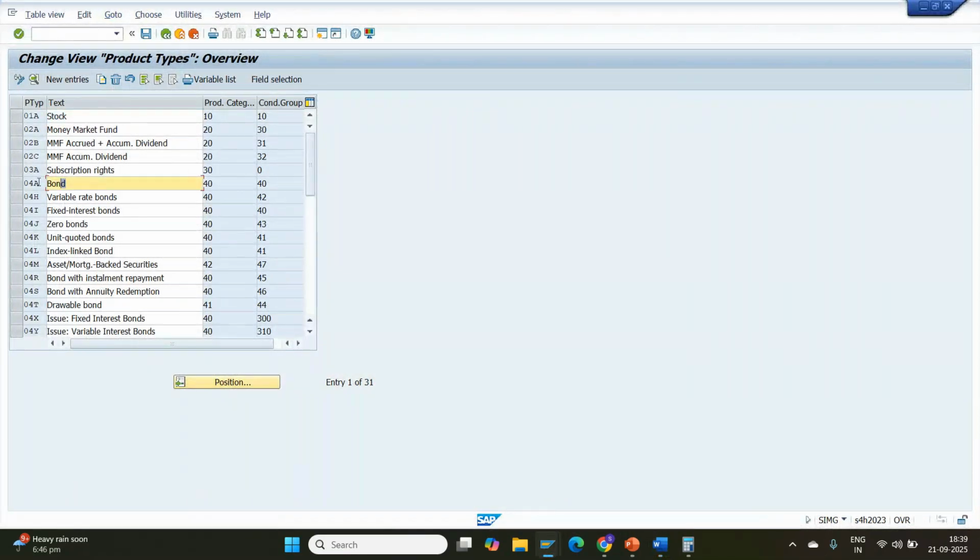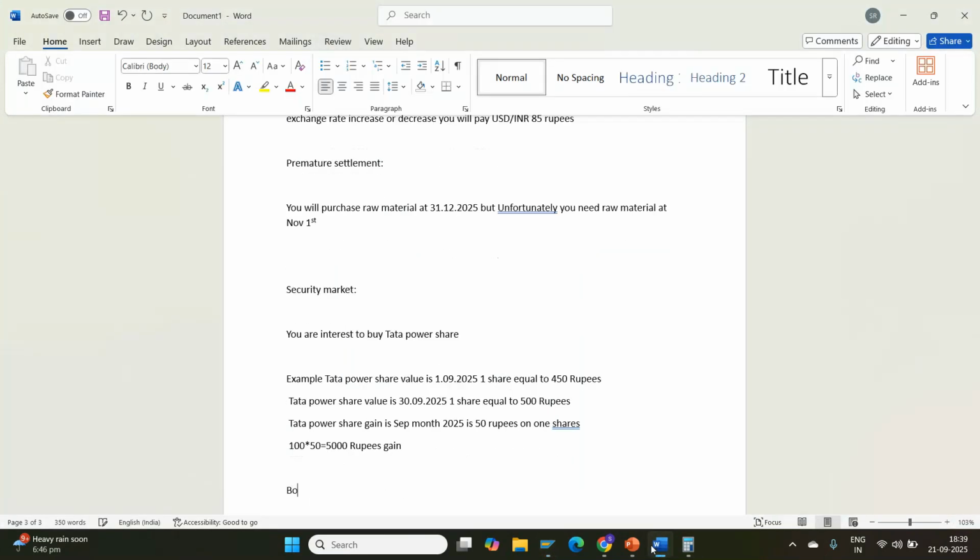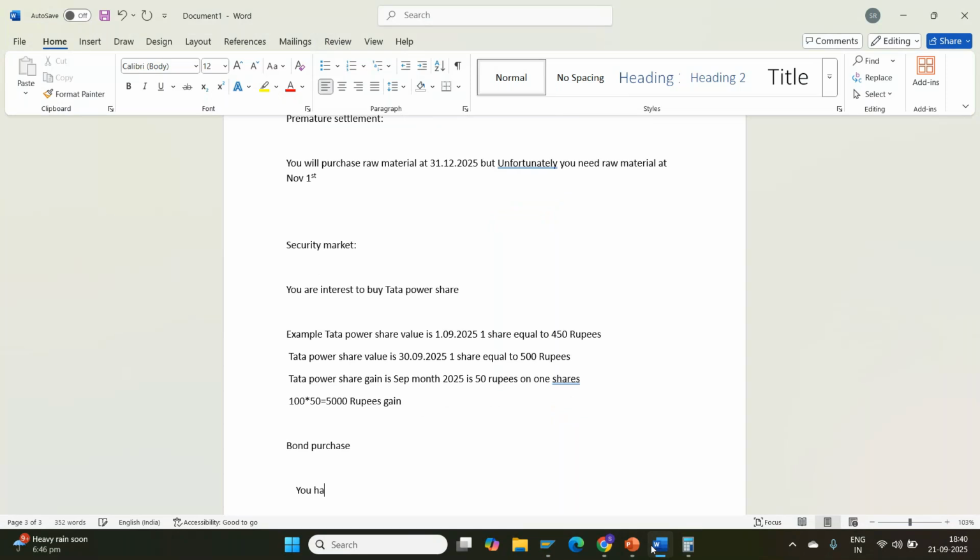Do you know what a bond is? What is the use of a bond purchase? Bonds, I'm not that familiar with. Securities, I've learned a little bit more about. Okay, bond. For example, you have a property in Mumbai and someone needs that property for rent.